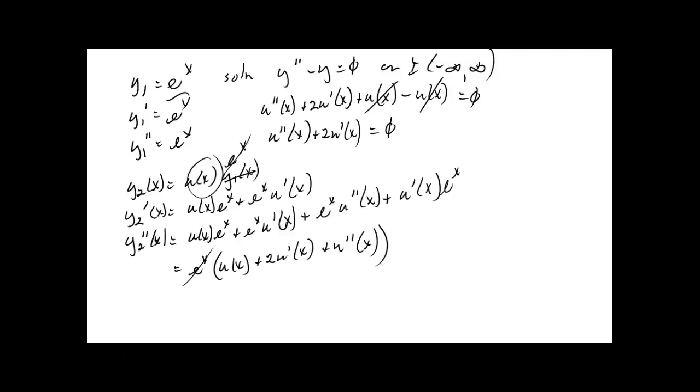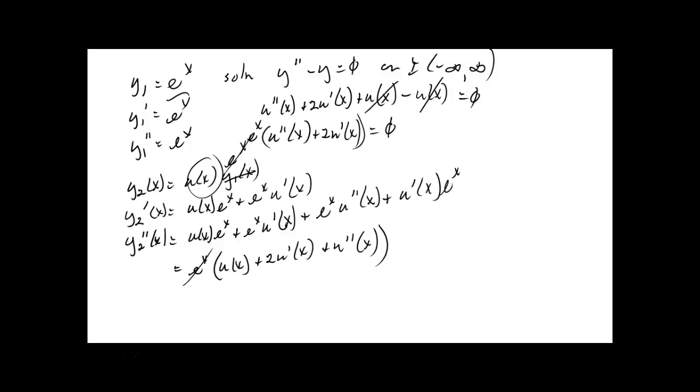Okay? Now, I think you'll see that's exactly what they have here. They kept the e to the x in it. I had already gotten rid of it. They kept it in, so I'll put it back there. That's equal to 0. And we know that e to the x can't be equal to 0, right? It never is.